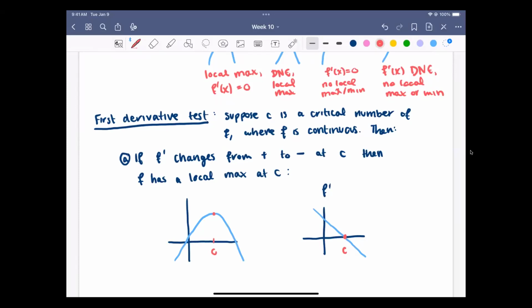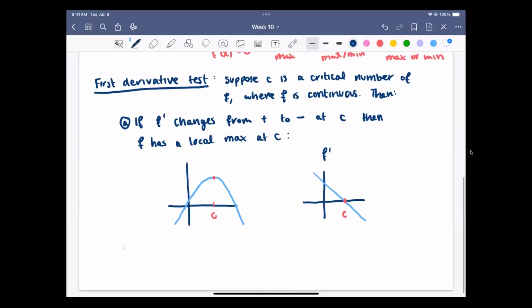So then, what is part B? Part B says it's the opposite. So if f prime changes from negative to positive at C, now what's happening?